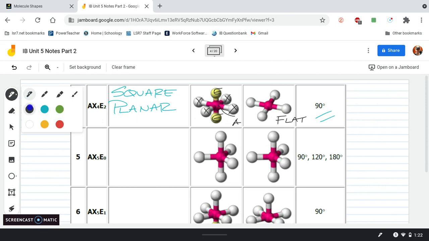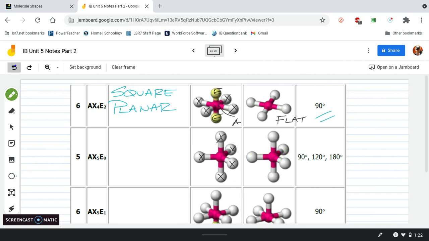So we start getting into some squirrely ones here. No E's on this one. It just has a bunch of X's, so a whole bunch of stuff attached to the middle. And if you look at this one, on the top here there is a triangle.